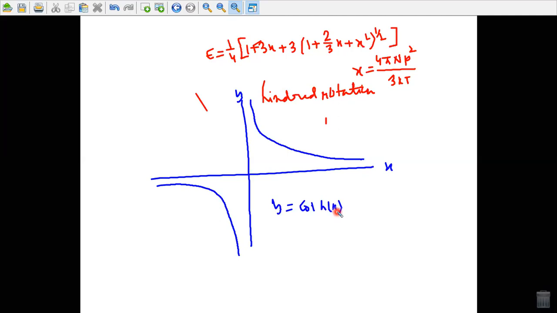And the behavior of this is the Langevin equation, so called.